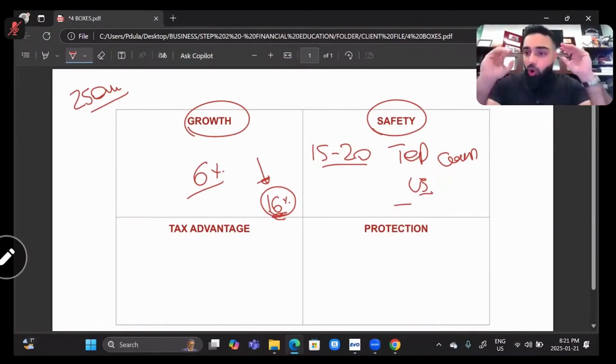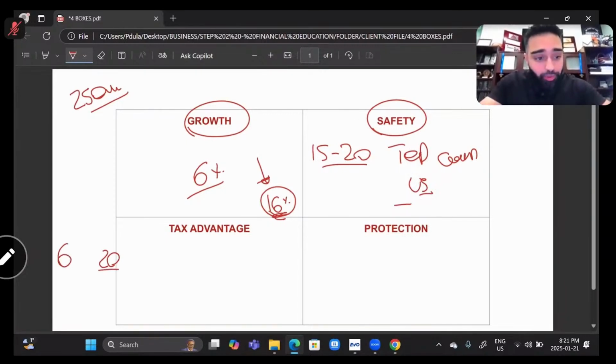Now, remember this, all the client cares about is what am I putting out of my pocket and what am I getting. So the client is saving $3,000 a year. 3,000 times 20 is $60,000. So in 20 years, this client put in $60,000 out of their pocket.